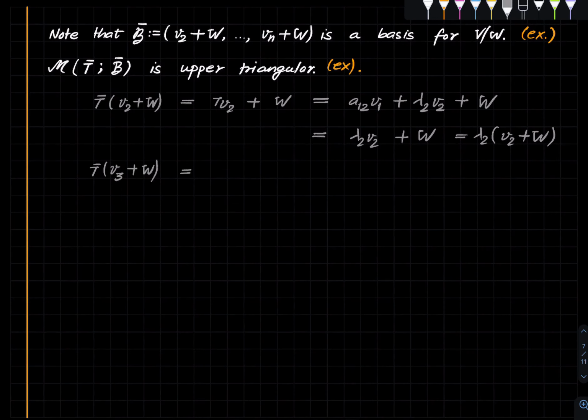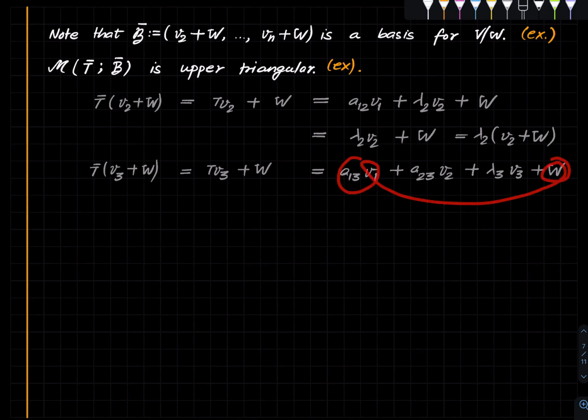All right, now what about T bar V3 plus W? This is equal to TV3 plus W, which is as we did in the previous thing. This is A23 V2 plus lambda 3 V3 plus W. And again, this will get absorbed.